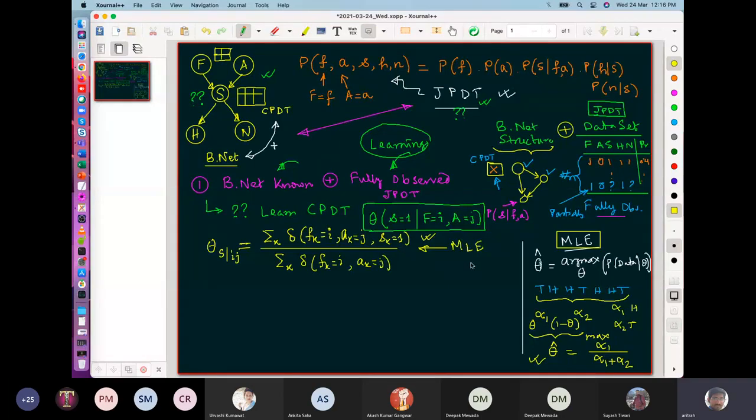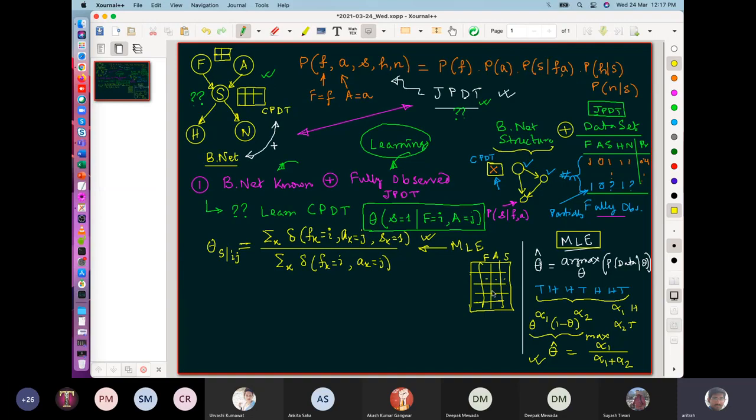That means I have a joint probability distribution table. F, A, and S are my columns of interest, and I will count them. Delta is a binary function. If the row has F value as i, A value as j, and S value as 1, that is counted as 1. Other rows that don't match these three values are counted as 0.